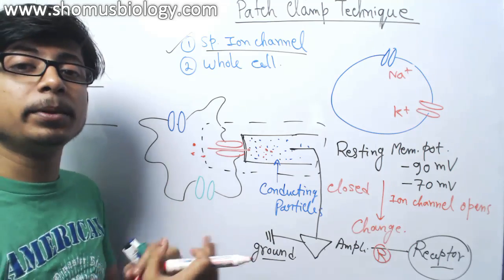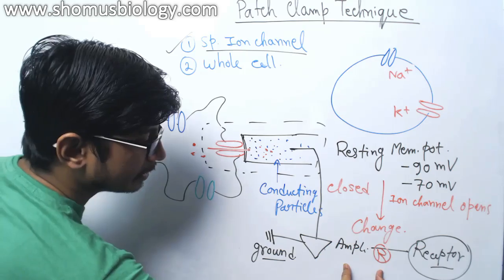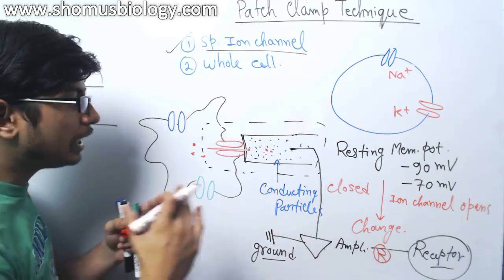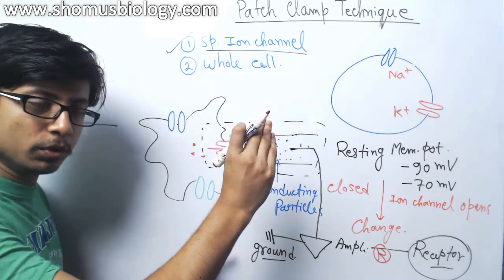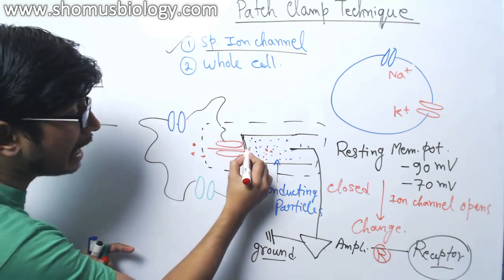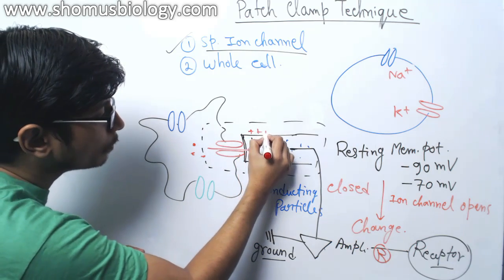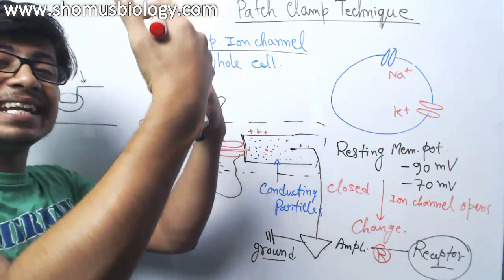In that case, what will happen? Membrane potential will alter, so the signal that we see here will also alter, because earlier it was balanced to zero. But now, due to the movement of the sodium, the outside will be slightly more positive and the inside will be slightly more negative, so it becomes negative.